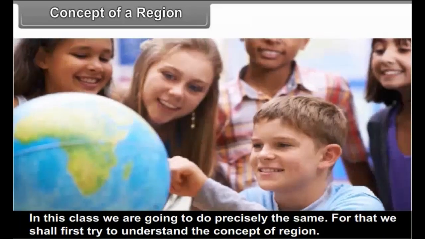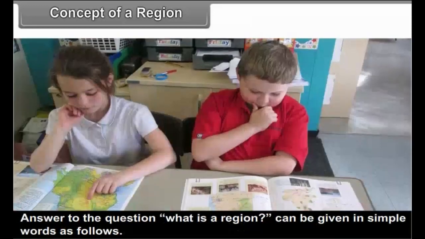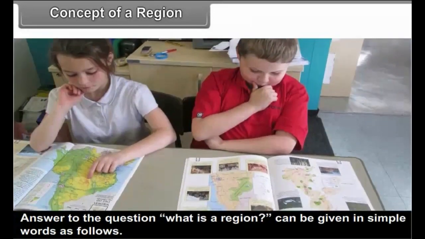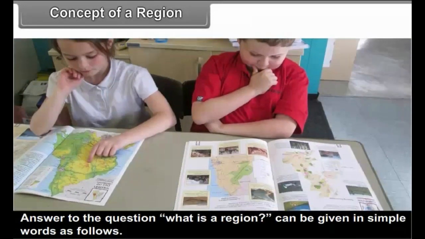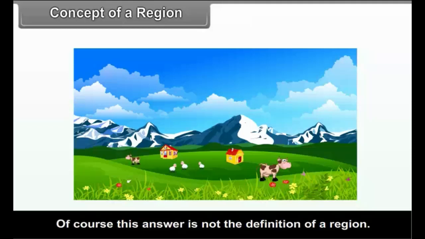For that, we shall first try to understand the concept of region. The answer to the question, what is a region, can be given in simple words as follows: it is a small portion of a vast area. Of course, this answer is not the definition of a region.